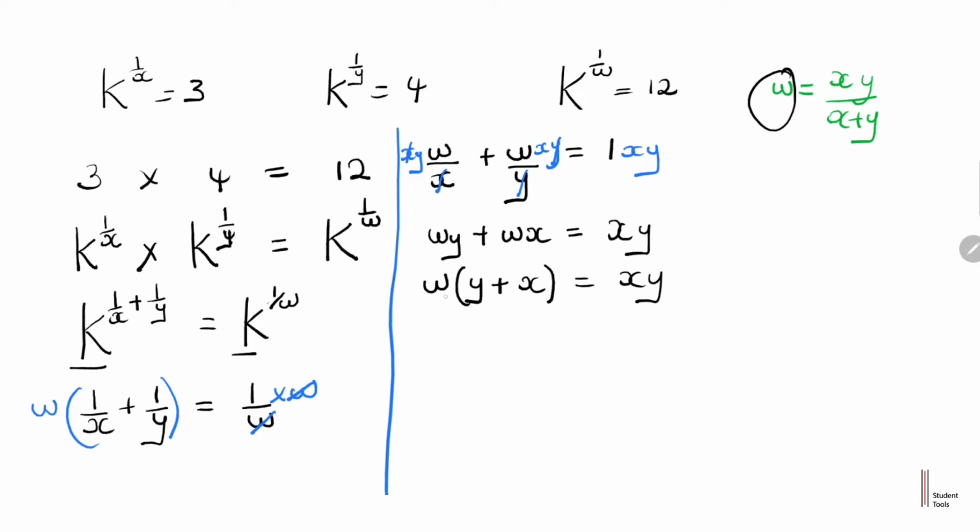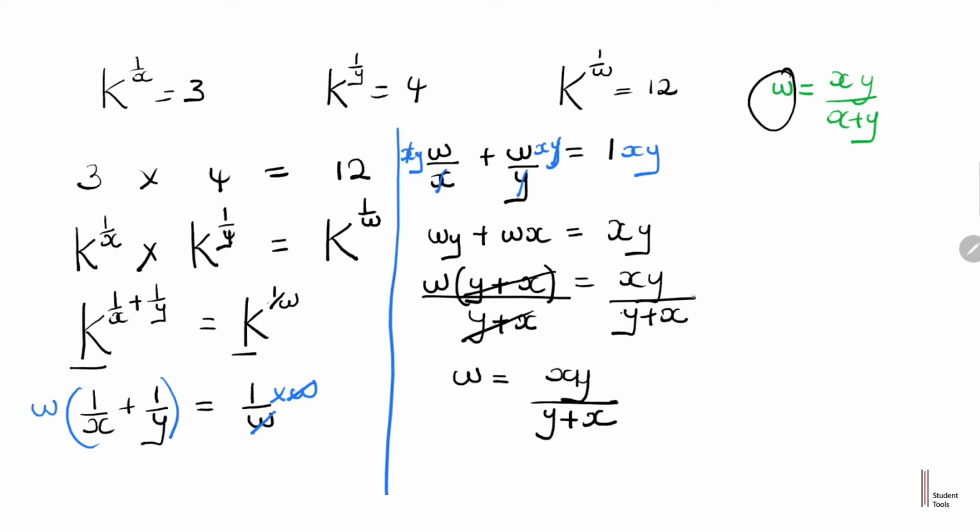To make w the subject, we'll divide by y plus x, and also the other side we divide by y plus x. So this will cancel this, such that w will be equal to xy over y plus x. So we have just proved that w is equal to xy over x plus y.